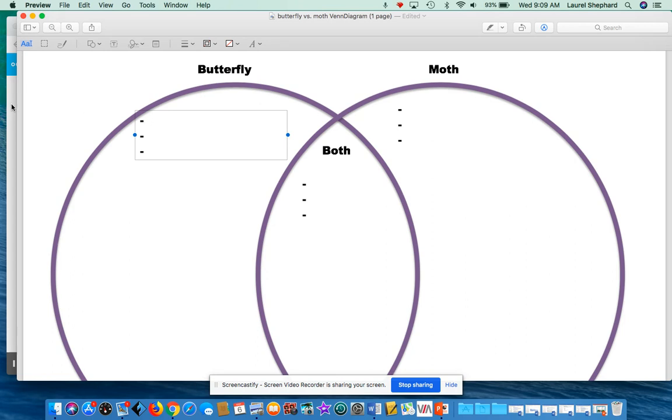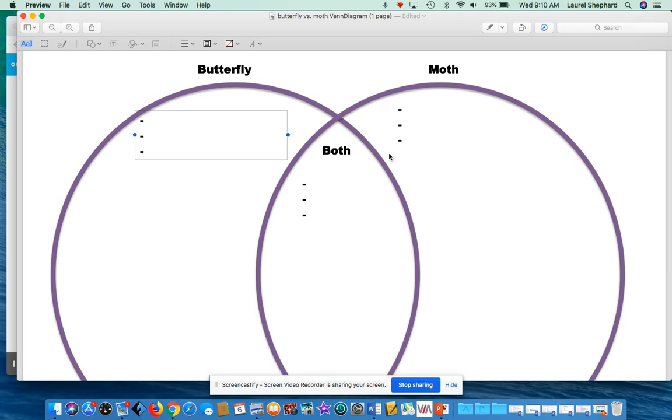Now, as we are working today, what I would recommend is getting this all ready. So right now, I need you to draw your Venn diagram, if you're drawing it yourself, and label butterfly, moth, and both. Or I need you to pull out this printed copy that your parents printed for you and have a pencil ready.